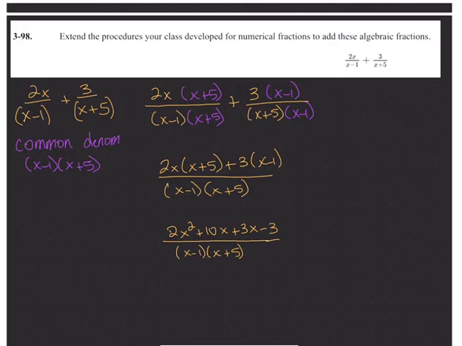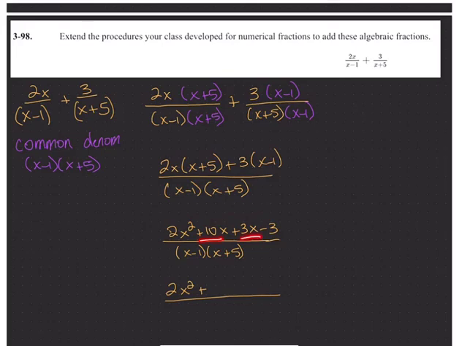So now I can look at my numerator, the piece on top, and go ahead and combine like terms. How many x squareds do I have? I have 2x squared. Plus, I'm going to draw my fraction bar, sorry. I'm going to look for my x's, not my personal x's, the x's in the problem.